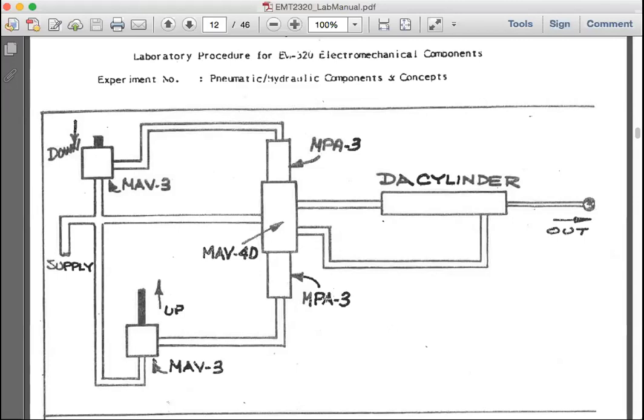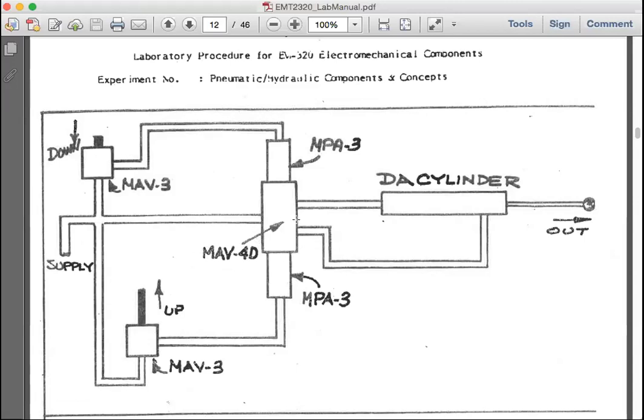Okay, so before we go into analysis, let's see what the system is. You have pressure coming from here, and this pressure is split 3 ways. It goes to the bottom 3-way valve, and goes into the 4-way valve, which is MAV4D.